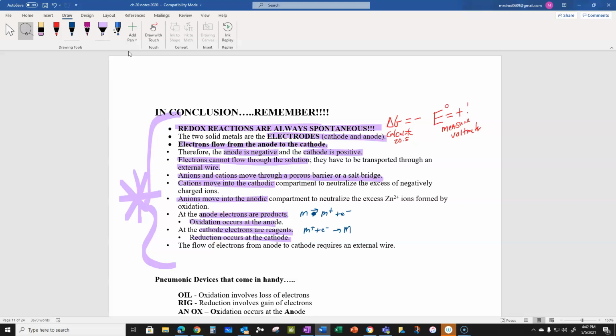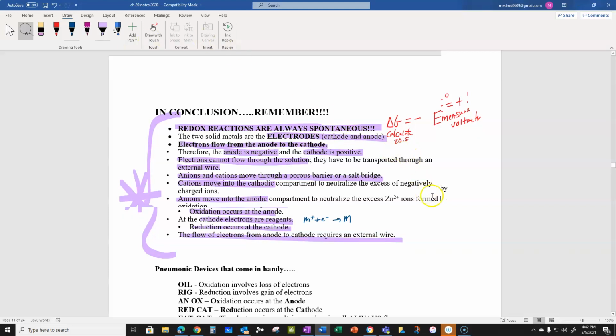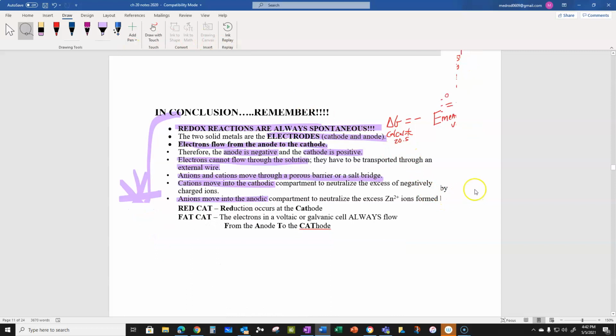The flow of electrons from anode to cathode requires that wire. Like I said, one big giant star. I've had students over the years think of mnemonic devices to help you. Obviously Leo the lion says Ger is out there in the world, and the guy on AP Daily already took my Leo the lion. Oil Rig has been around for years. I did not invent that because it's even in the textbook.